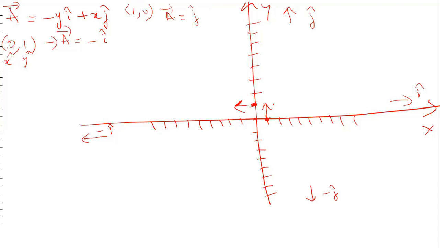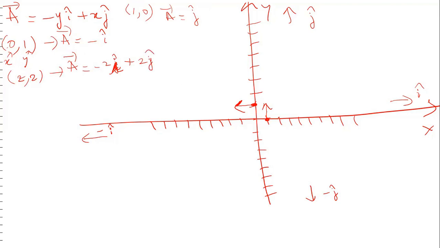And if you are talking about, let's say, the vector at (2, 2), at these coordinates the value of A will be minus of 2i plus 2j, since the y value is 2 and the x value is also 2. Now what is (2, 2)?